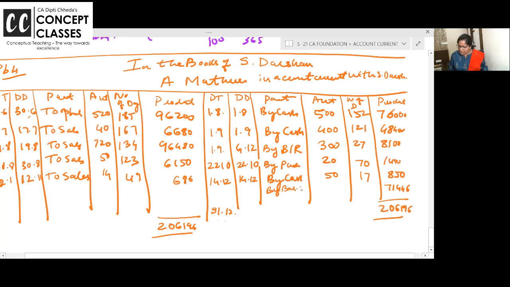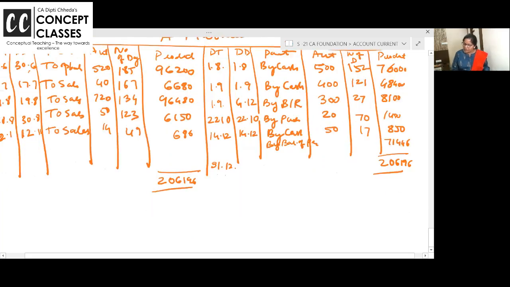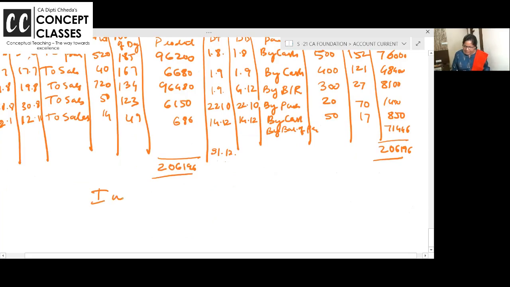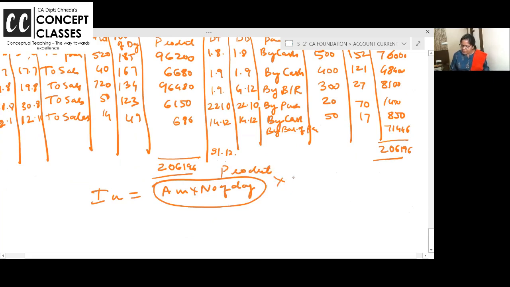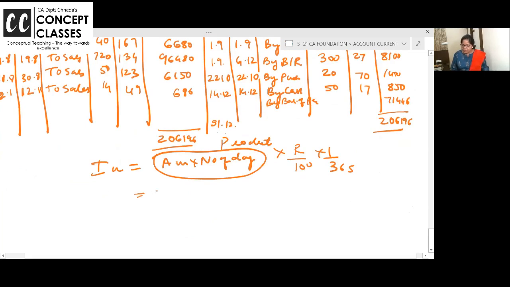Now on this product we can calculate the interest: amount into number of days, nothing but product which you have got multiplied by rate by 100 multiplied by 1 by 365.